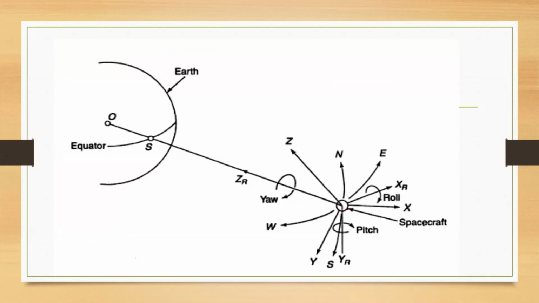In 3-axis stabilization, you have a metal disc or a metal weight in the three directions of roll and pitch, which are moved as soon as the satellite is placed in the orbit, so that they maintain the satellite stable in that particular orbit.